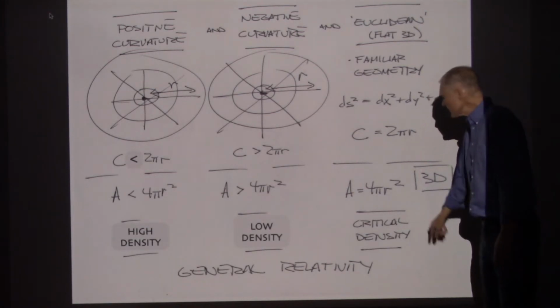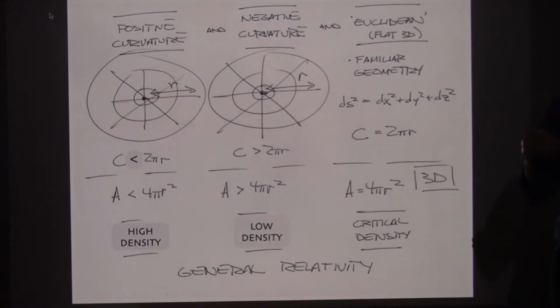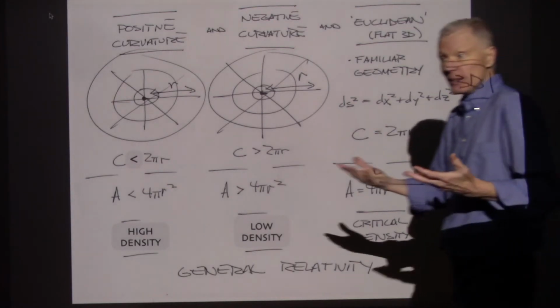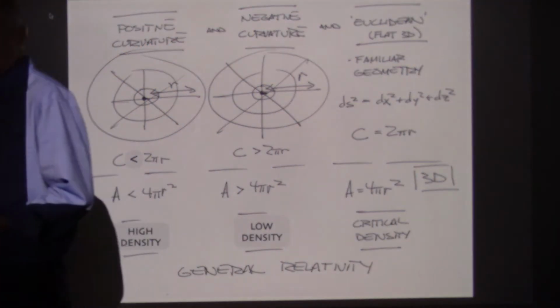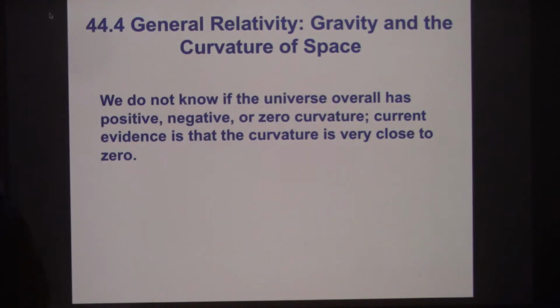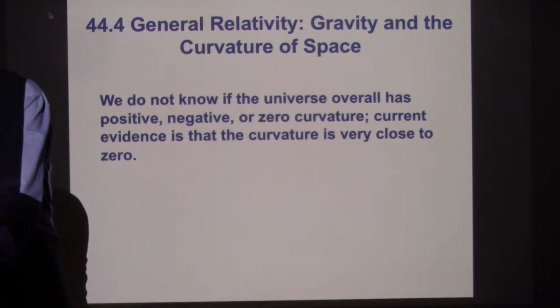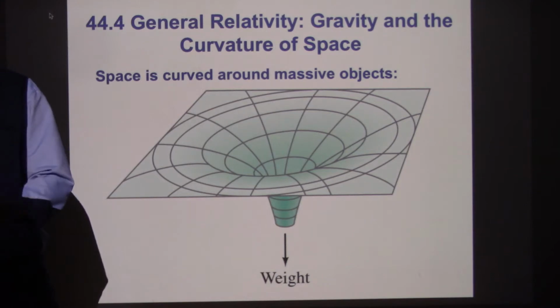Now, general relativity says that is a possibility, but it only occurs right at critical density. So it says there have to be just the right number of stars and galaxies and other materials within space in order to give a critical density if we're going to have Euclidean geometry. So the evidence right now suggests that we are very close to no curvature at all, and that's kind of interesting.